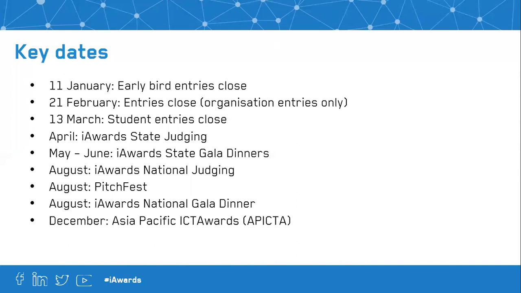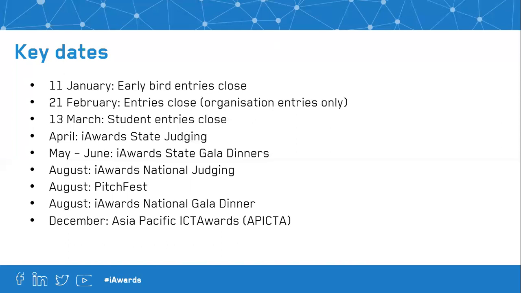We then go on to our iAwards national judging, which takes place in August. So between June and August, we actually go through some mentoring sessions with you, and we try to give you all the advice that you need in preparation for national judging. So national judging, as I mentioned before, is a face-to-face presentation, which normally takes place in Melbourne. And this is then followed by a public-facing competition, which we call Pitch Fest.